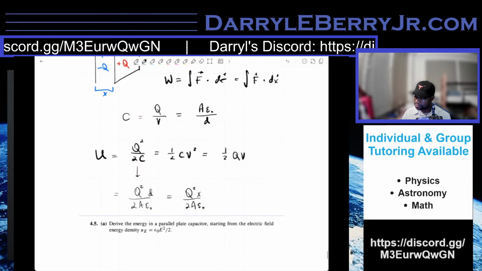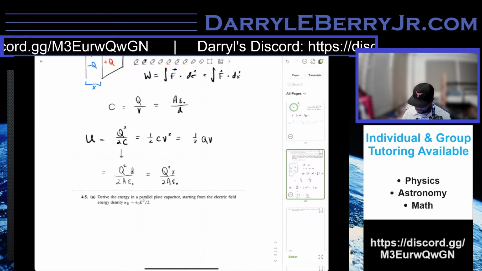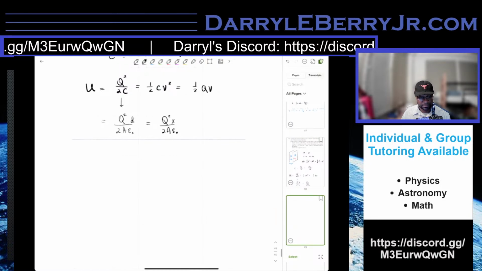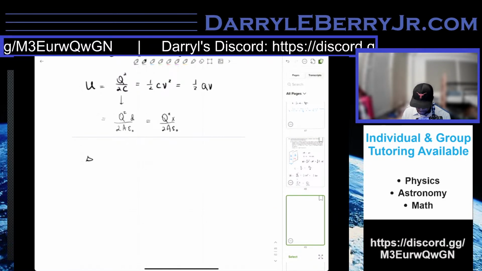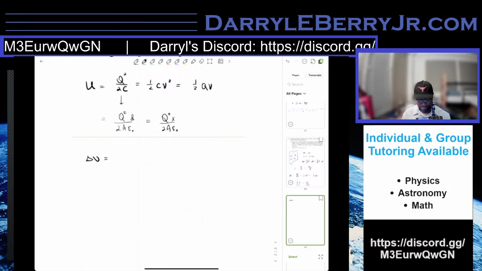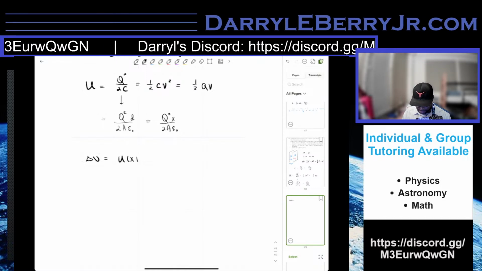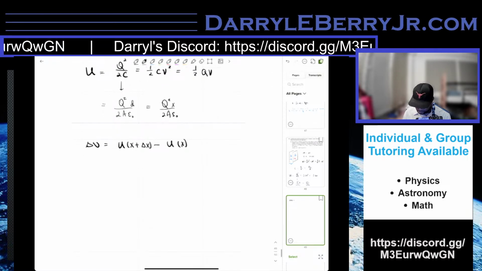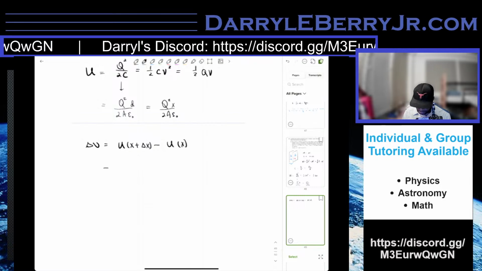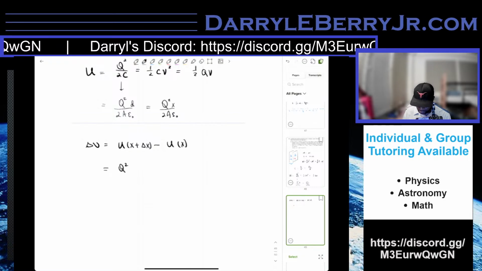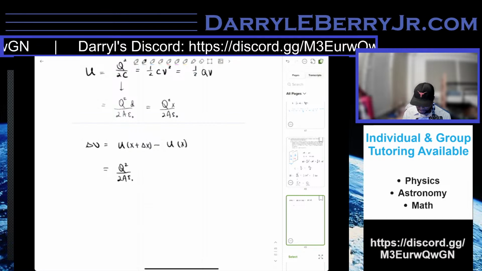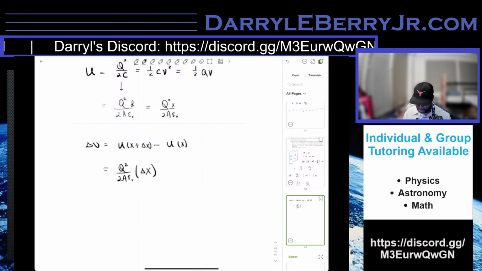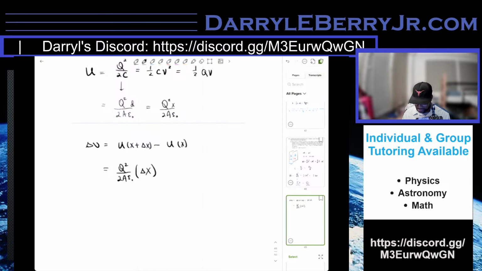So the change in U equals U of X plus change in X minus U of X, which equals Q squared over 2A epsilon naught times x plus change in x minus x.